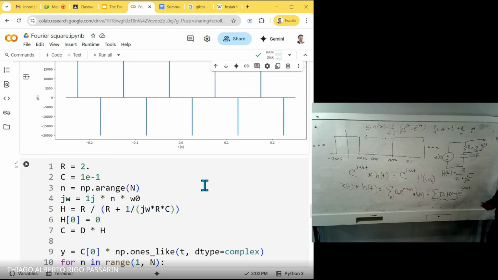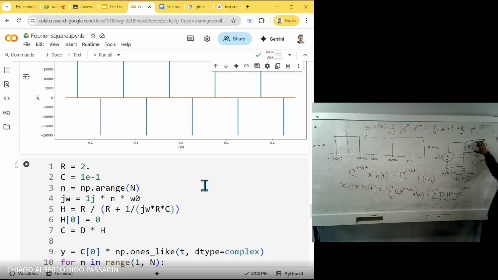If I had an inductor with inductance L, what would be the impedance? J omega L. So if you didn't study electric circuits, this is how we cast the frequency response of what we call an impedance divider.